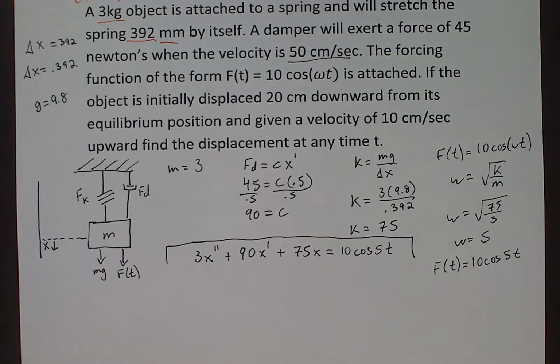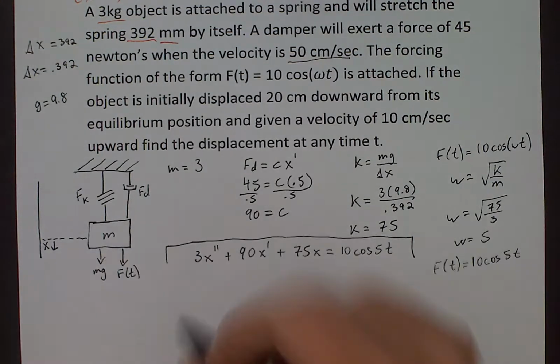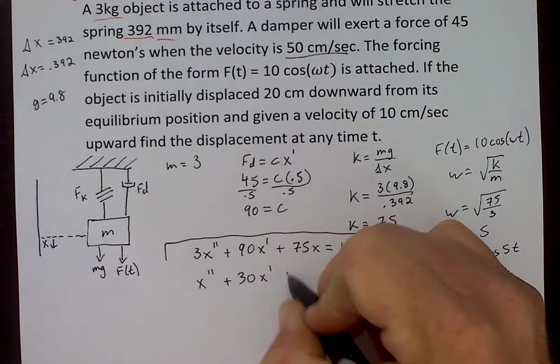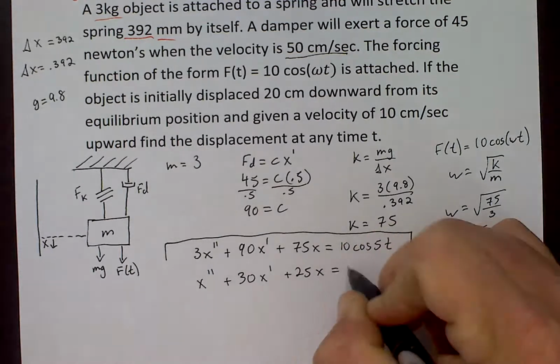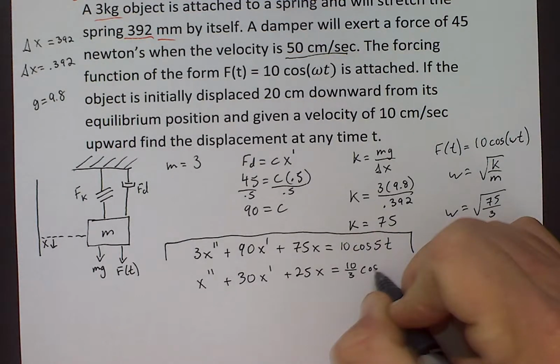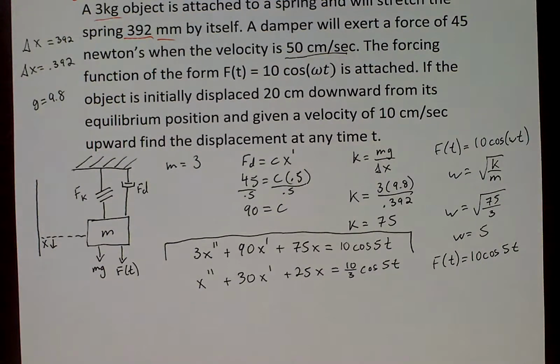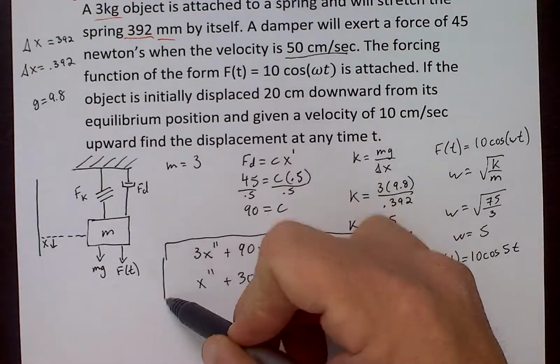We want to make sure x double prime is just a 1 in front, so dividing by 3. All right, next thing we want to do is, that's where I kind of draw my line.